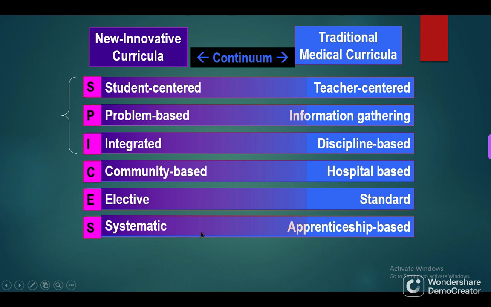But as far as PBL is concerned, it is systematic. Part by part will be taken. You can watch my videos. It was always systematic, not apprenticeship based. So all my videos which I have previously launched are systematic.